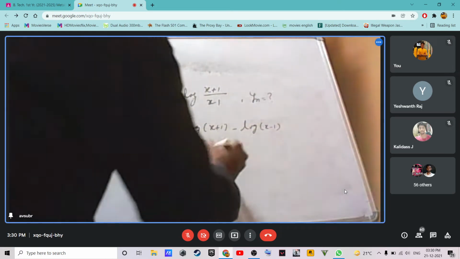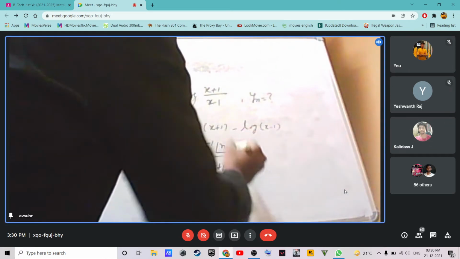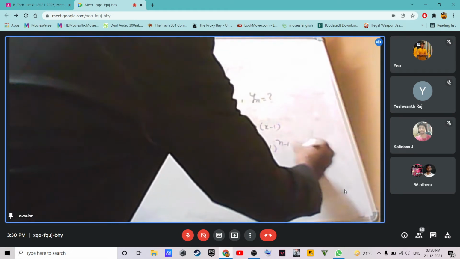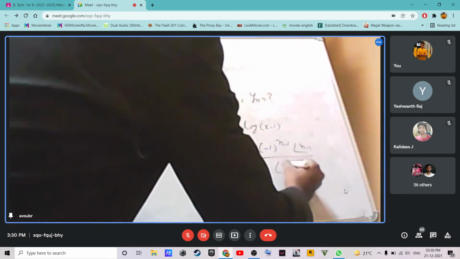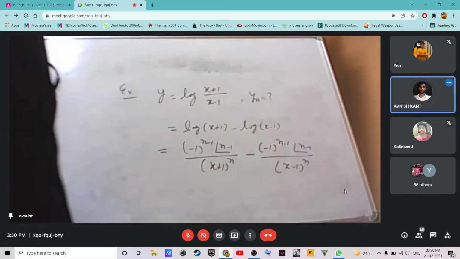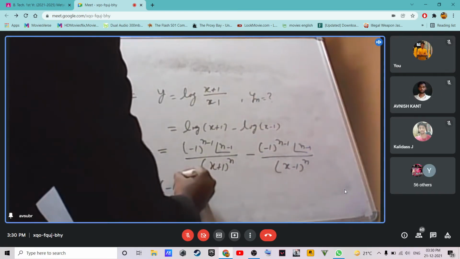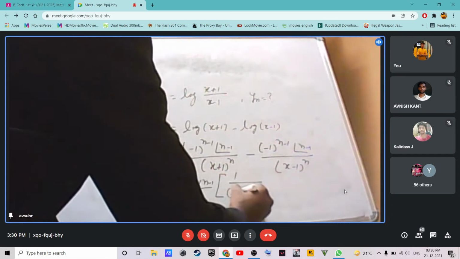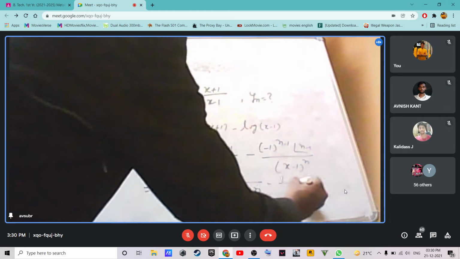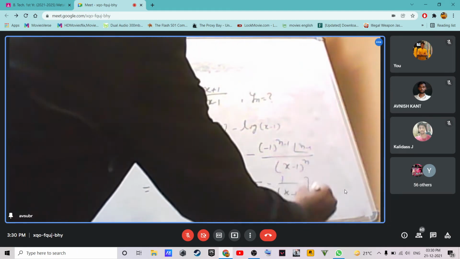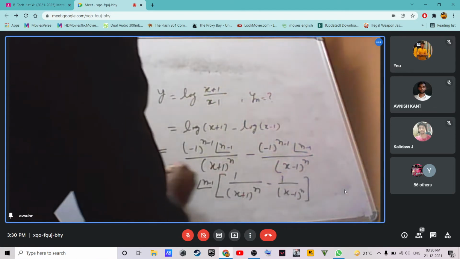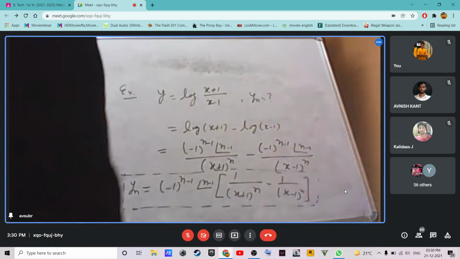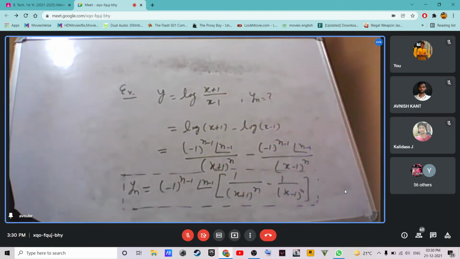By x plus 1 to the power n, minus 1 to the power n minus 1 factorial n minus 1 divided by x minus 1 to the power n. So minus 1 to the power n minus 1 factorial n minus 1 by x plus 1 to the power n, minus 1 by x minus 1 to the power n. This is your nth derivative.